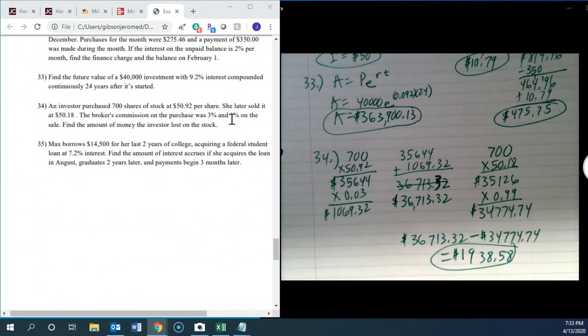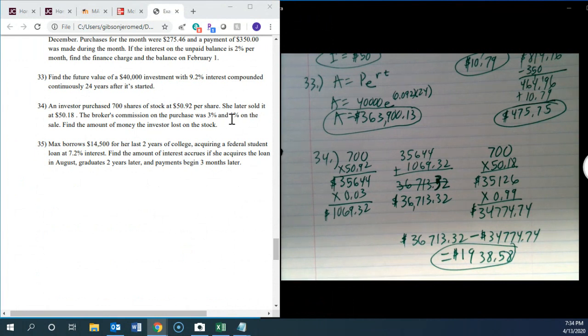Okay, now, 35. It says Max borrows $14,500 for her last 2 years of college, acquiring a federal student loan at 7.2% interest. Find the amount of interest that accrues if she acquires the loan in August, graduates 2 years later, and payments begin 3 months later.